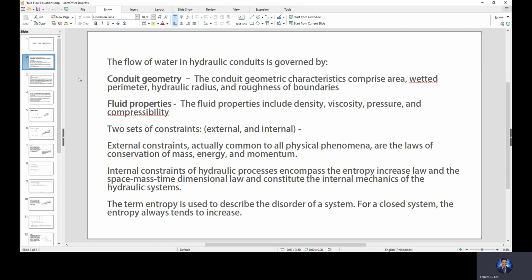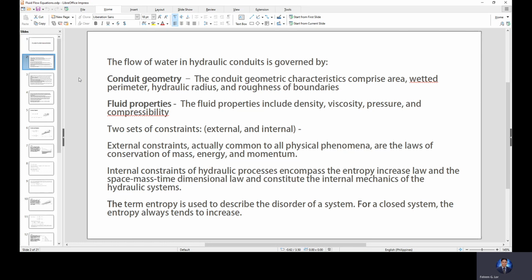The other constraints, the internal constraints, is the process encompasses the entropy increase law and the space mass time dimensional law and constitute the internal mechanics of the hydraulic system. We will discuss more of that internal constraints in our later topics.